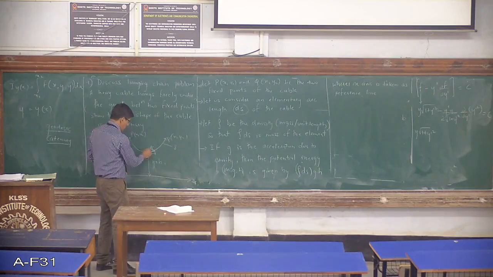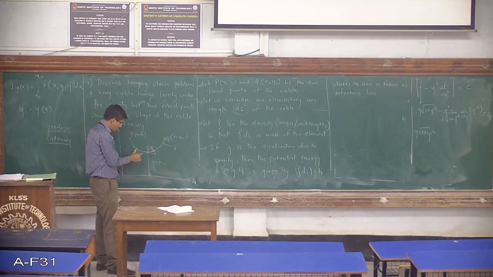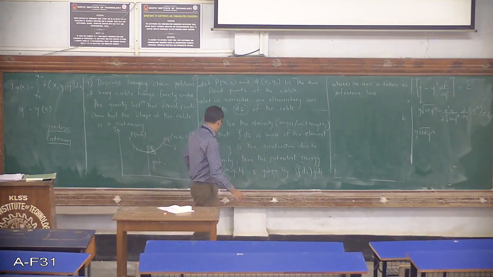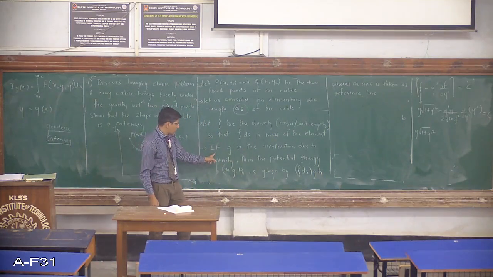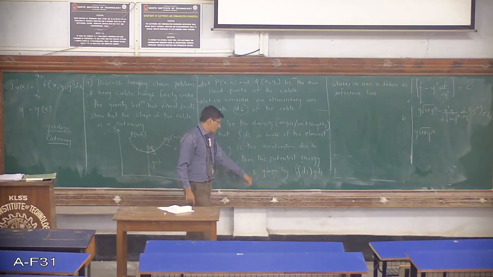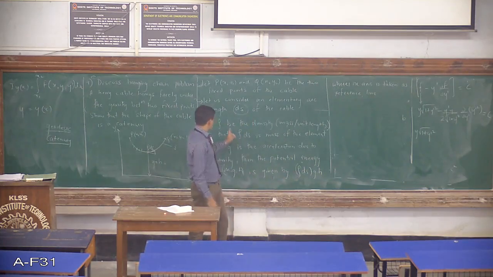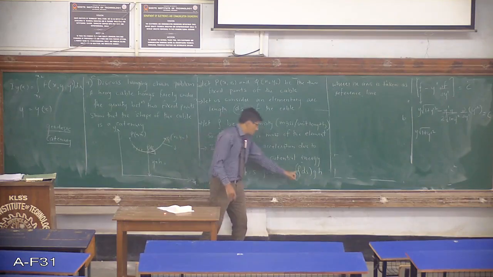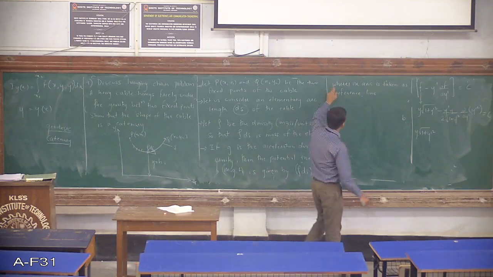If g is the acceleration due to gravity, then the potential energy mgh is given by, so what is the mass? Mass is rho, that is density, mass per unit length, so some length into gh. Now x is taken as a reference line.